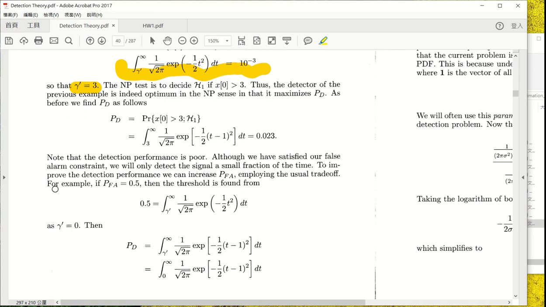For example, if PFA is 0.5, then the threshold is found from here, as gamma prime is 0. This is a little bit more trivial. If we look at this distribution, it's a Gaussian distribution with 0 mean.